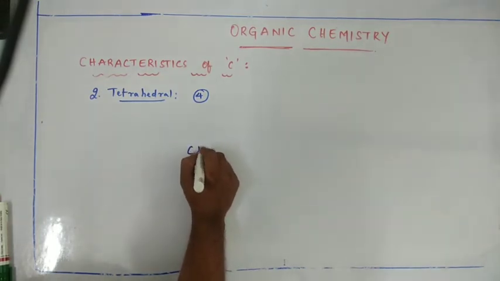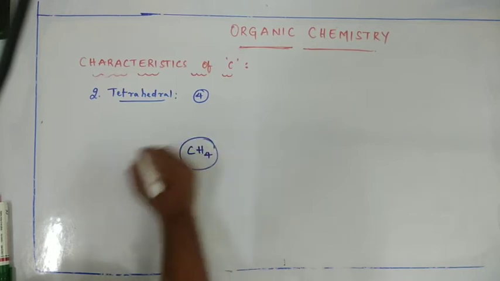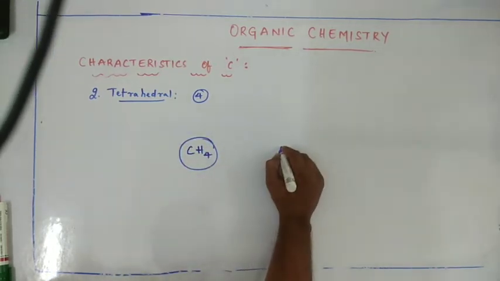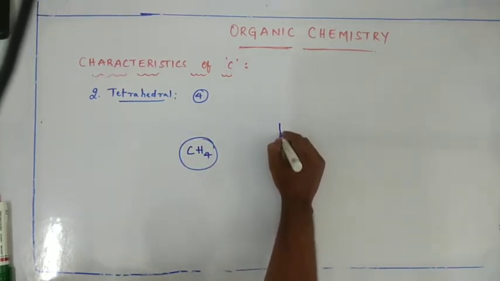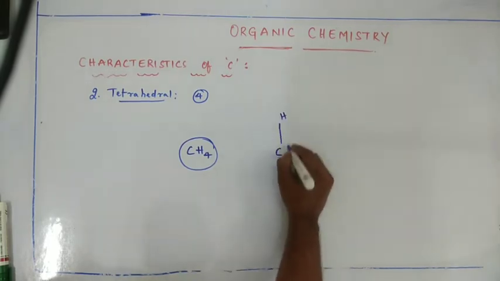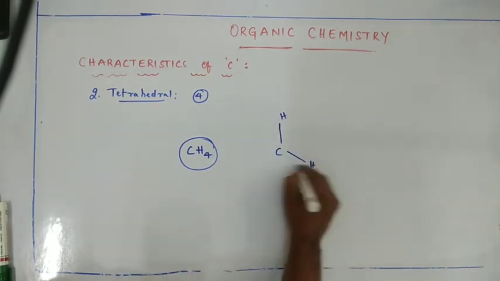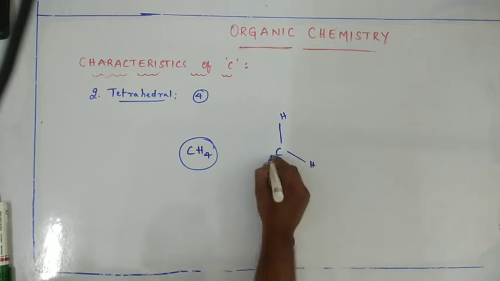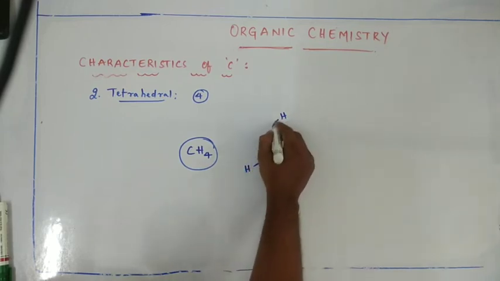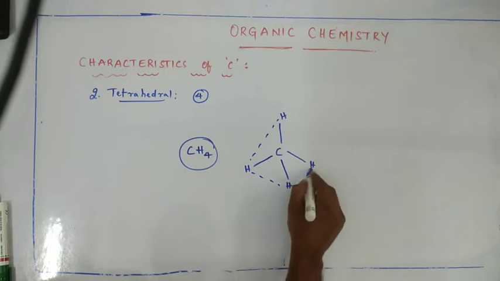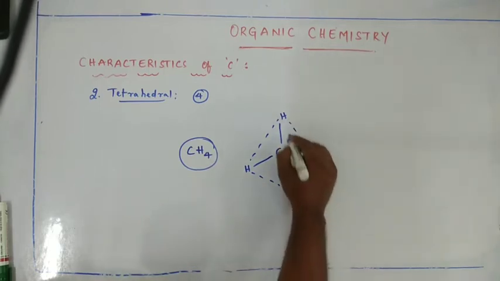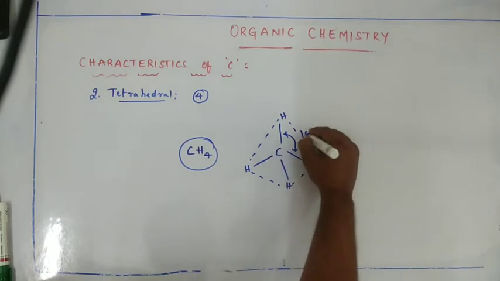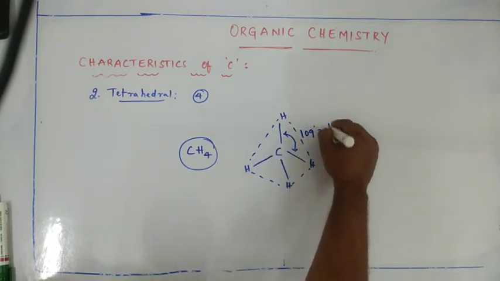If you take the example of CH4, the corners of the regular tetrahedron are occupied by the hydrogen atoms, so the shape appears like a tetrahedron. The bond angle between the bonds is 109 degrees 28 minutes.